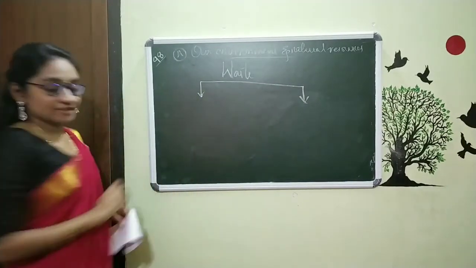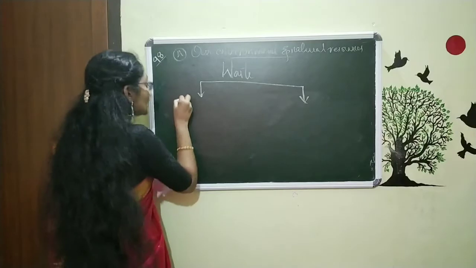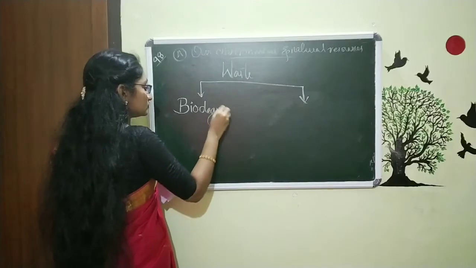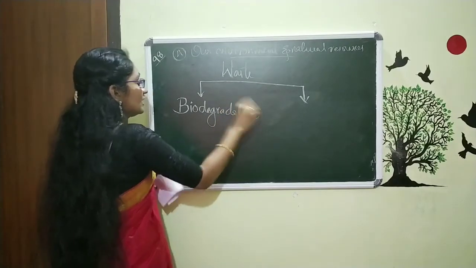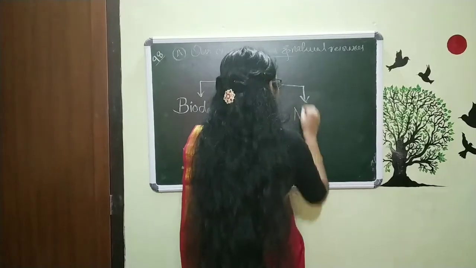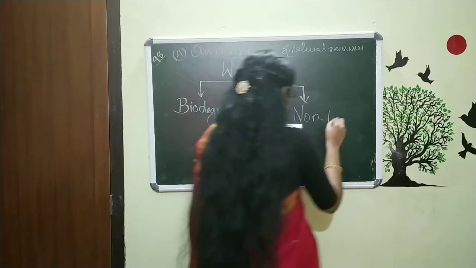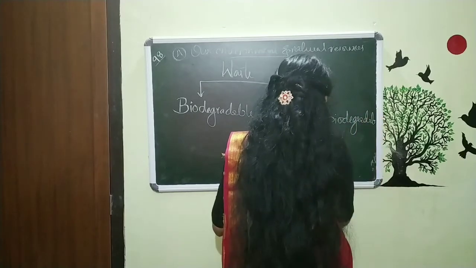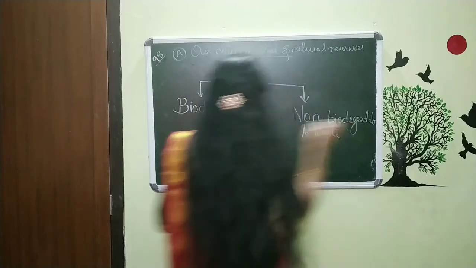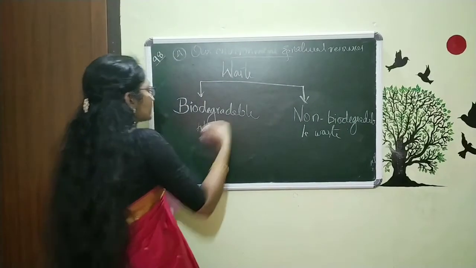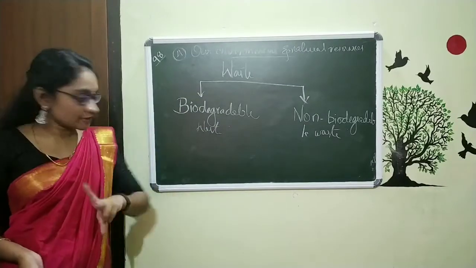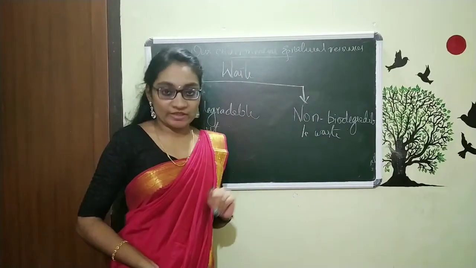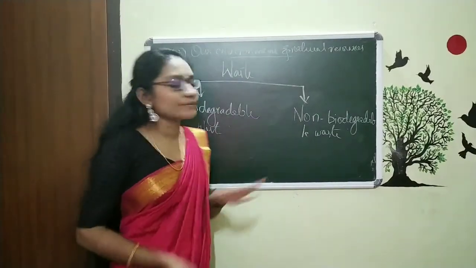Waste is of 2 types. One is biodegradable, and the second one is non-biodegradable waste. What is biodegradable and non-biodegradable?